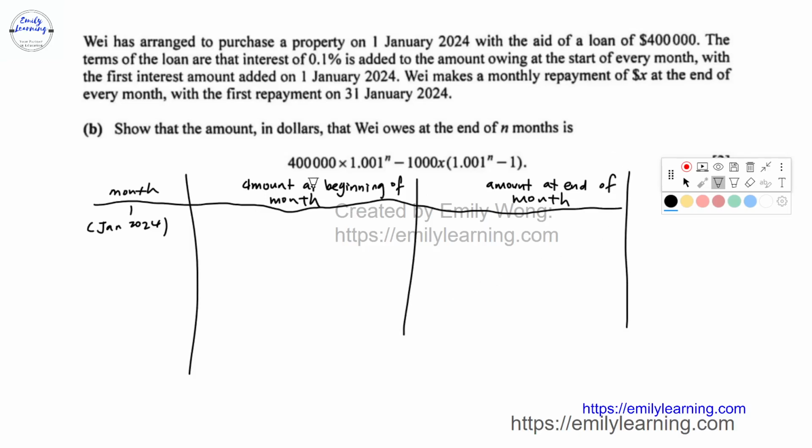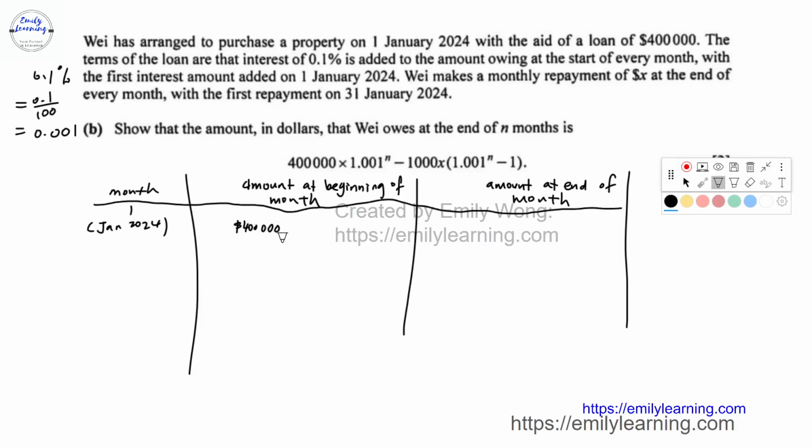Now that we have set up this table, let's write out what we have. At the beginning of the month, the interest is added. On 1st January 2024, she hasn't made any payment, right? So she still owes a total of $400,000. And then there's an interest of 0.1%. 0.1% is equal to 0.1 over 100, which is equal to 0.001.